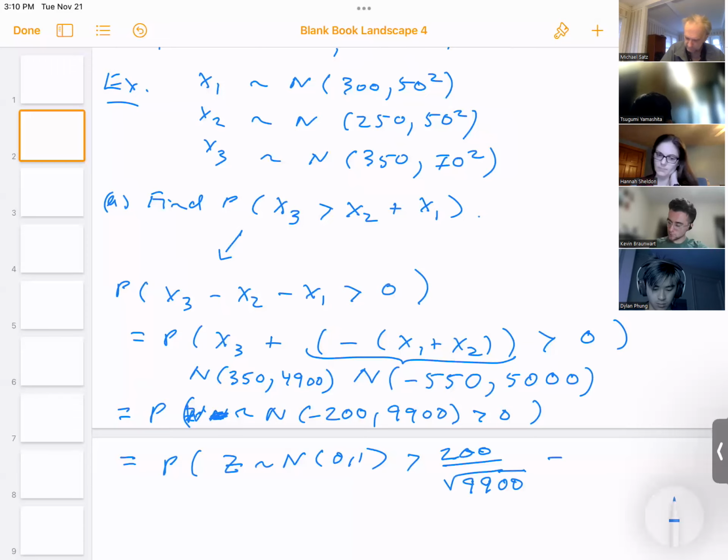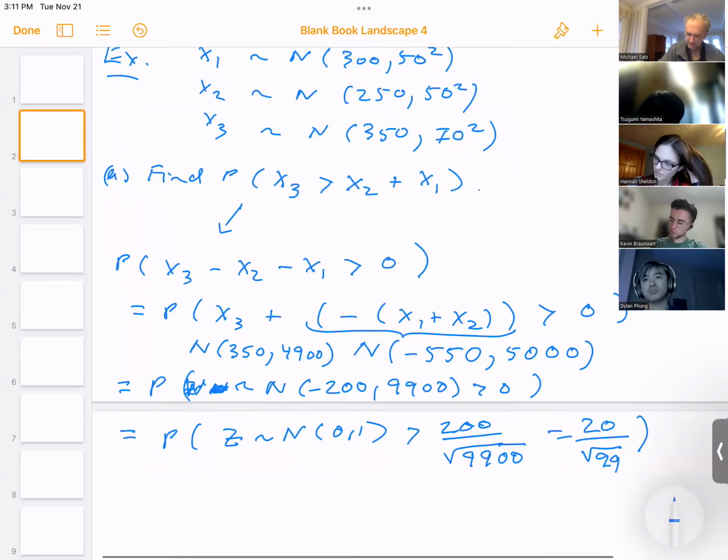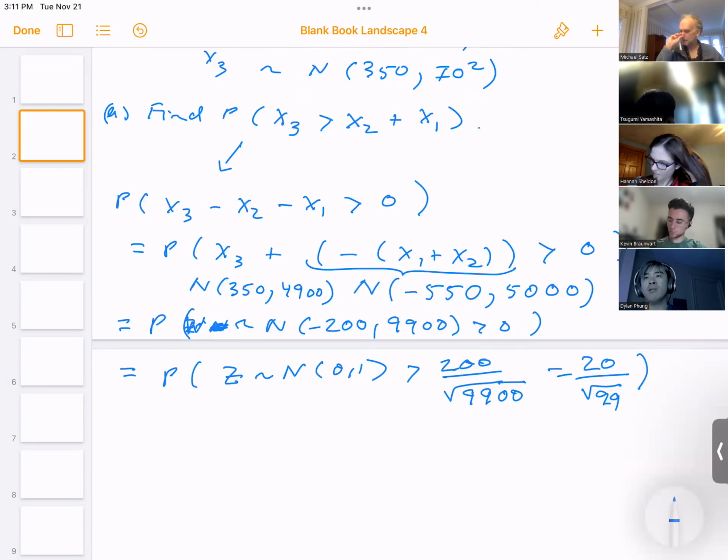I can take out at least a 10 on the top and the bottom. So I'd get 20 over square root of 99. And that is just slightly bigger than 2, right? Square root of 99 is a little less than 10. So it's the probability of standard normals a little bigger than 2.